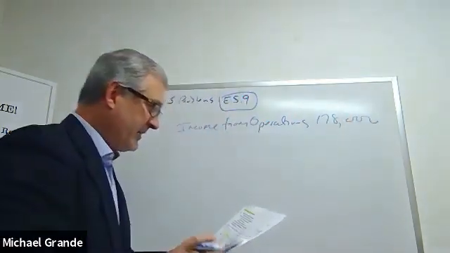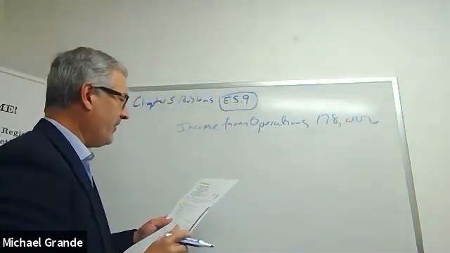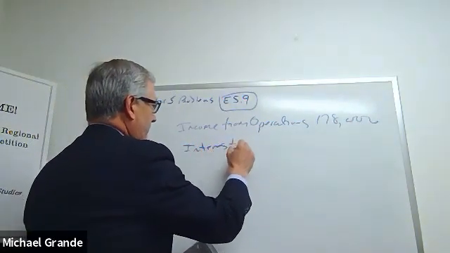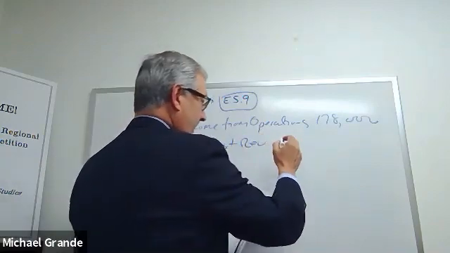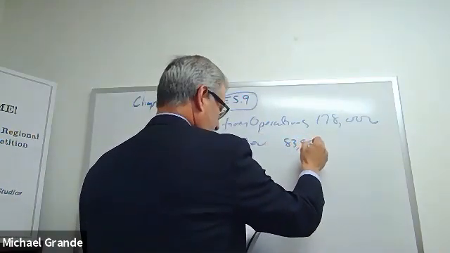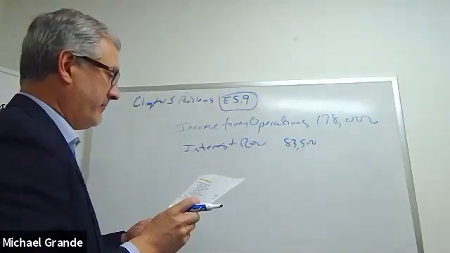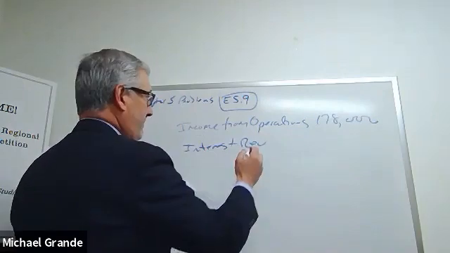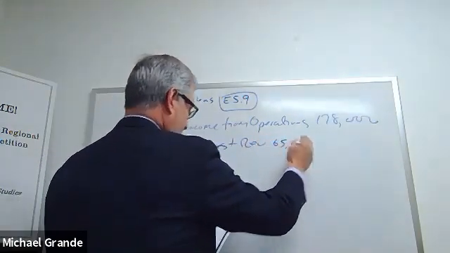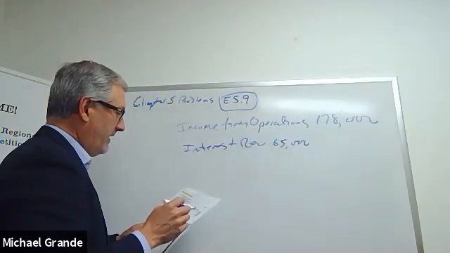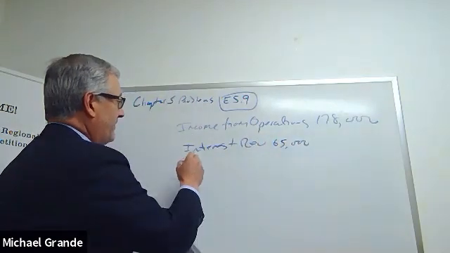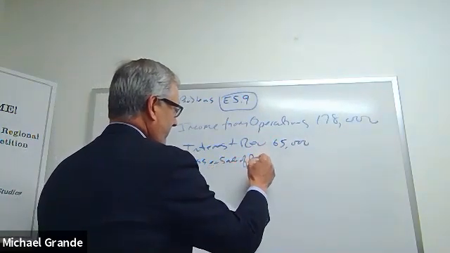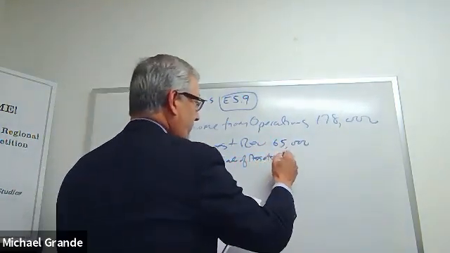$178,000 is income from operations. And we have some interest revenue of 83.5. I'm sorry, that's 65,000. We have loss on sale of assets of 83.5.